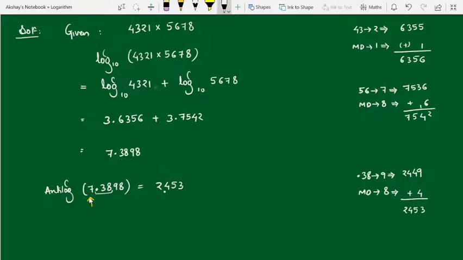And earlier, the characteristic part we had left in this number, only this part we had seen. So here you have to multiply by 10 to the power of this characteristic value. For this number we had calculated the anti-log with the help of 0.3898. This 7 you have to place here.